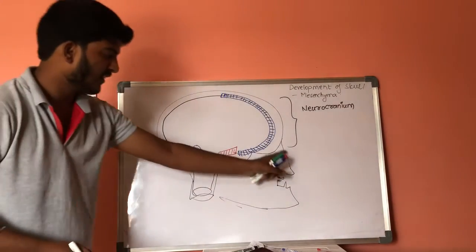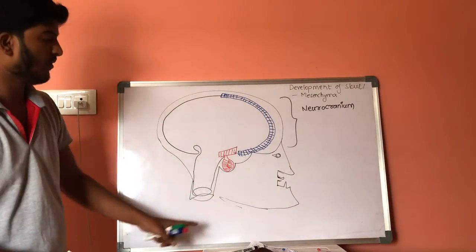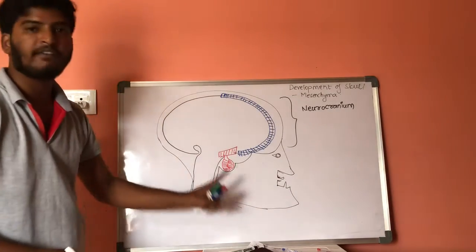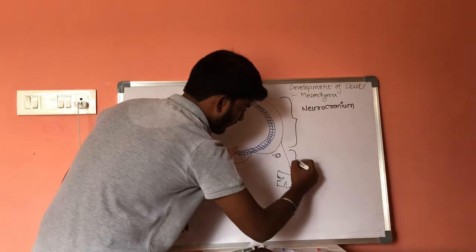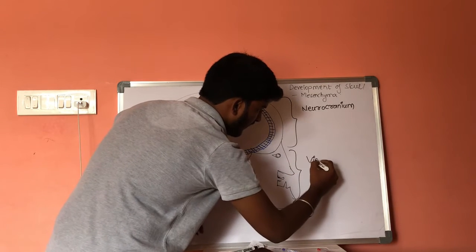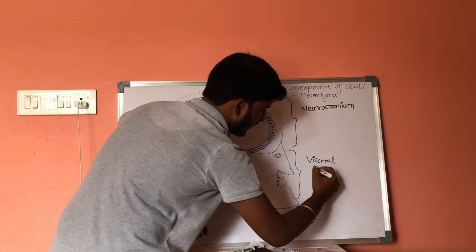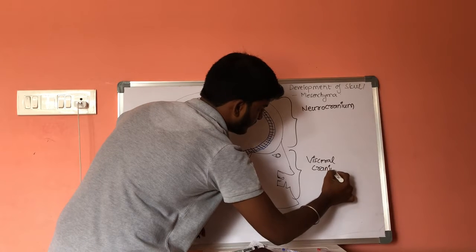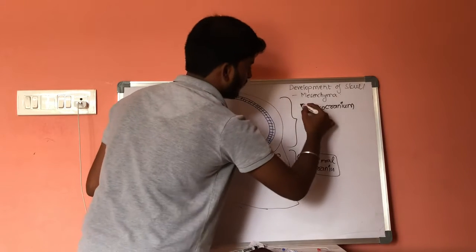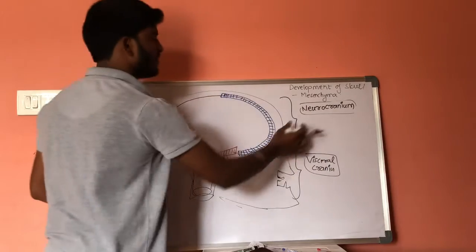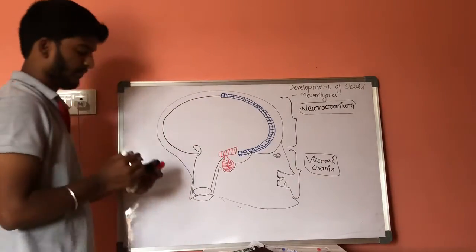And this part consists of only facial bones, so from here to here it is called the visceral cranium. This is the neurocranium and this is the visceral cranium.